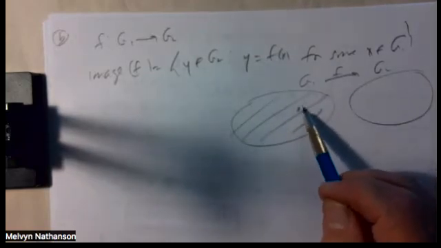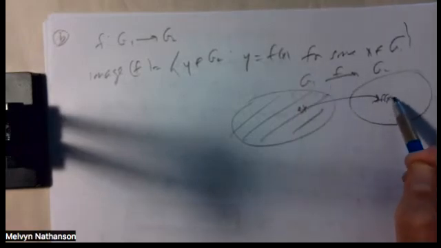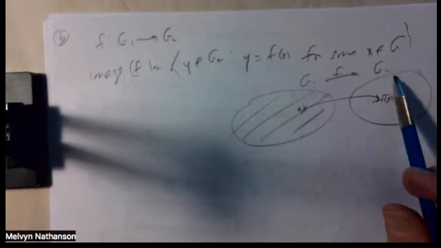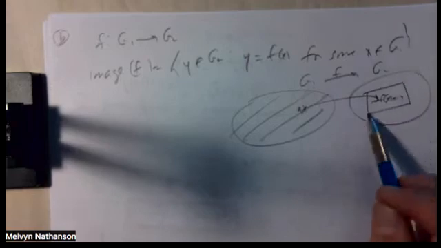If you take any element x in G1, it gets sent to f of x, or y, in G2. But it's not necessarily the case that every element in G2 is the image of something in G1. You will normally have some subset of G2, which is the images of all the elements in G1. And this green space is the image of f.